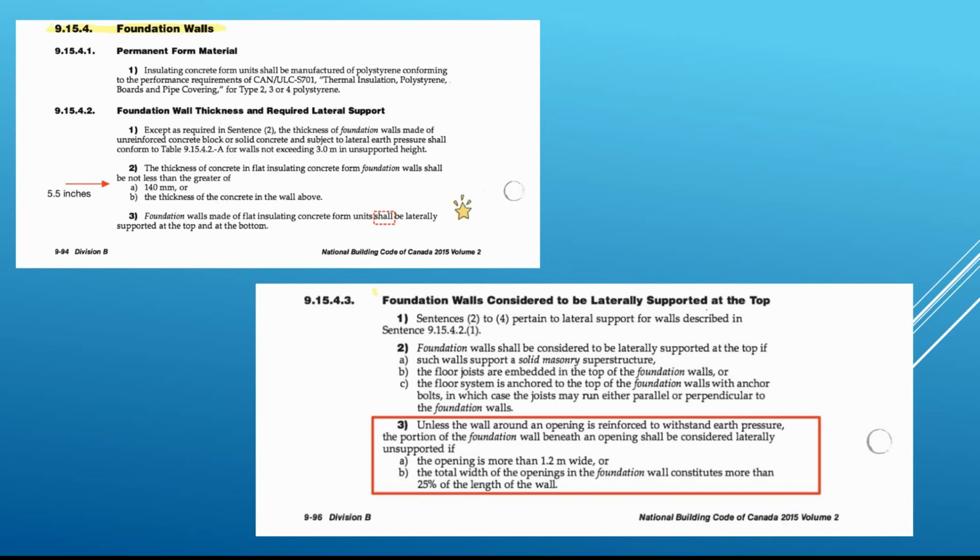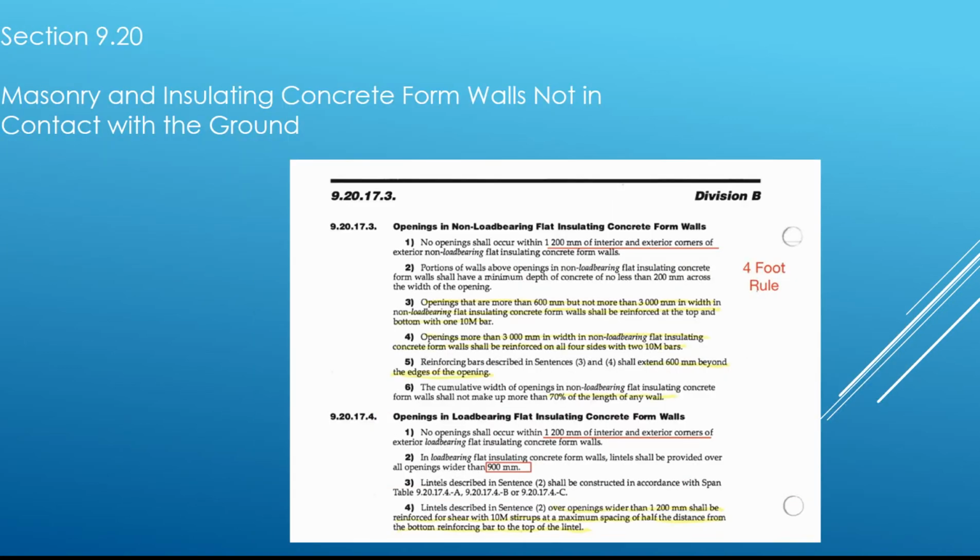And if your opening is more than 1.2 meters wide, those walkout basements will automatically trigger you into an engineering design or into the ICFMA manual. I would think that it probably would trigger you into an engineering design.